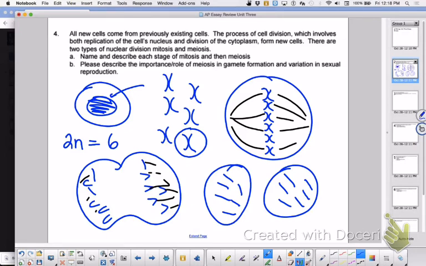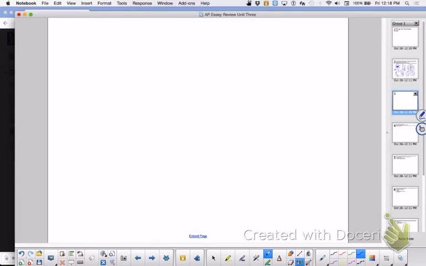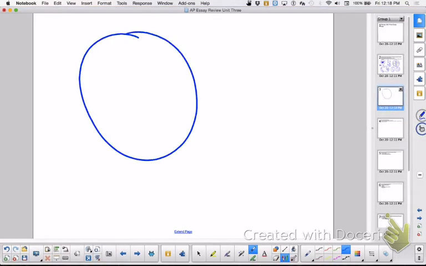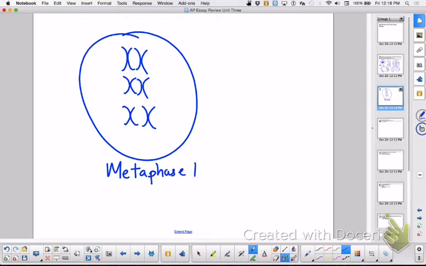Now, if you were going to do meiosis, this would look different, right? You would take your 6 chromosomes, and when they became visible, we would see them like this. And this would be an example of what? Metaphase 1.